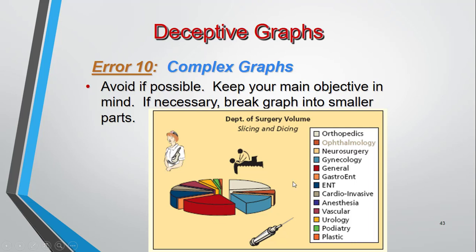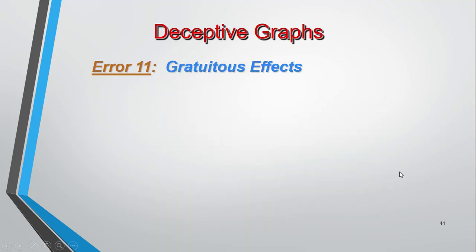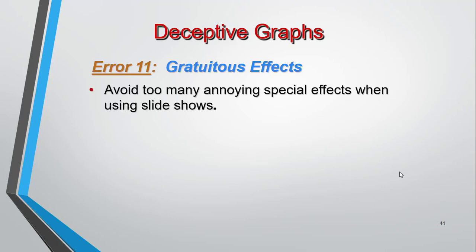Error number 10, complex graphs. If you have that many slices of pie or pizza or cheesecake, it's probably not too good. It's just too busy, too much information. Then error 11, gratuitous effects. Avoid too many annoying special effects when using slideshows.